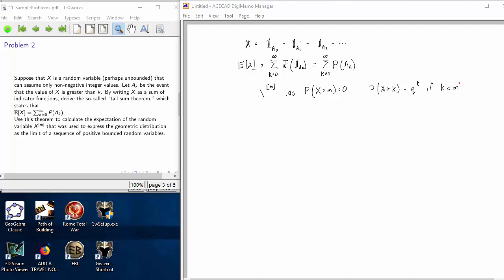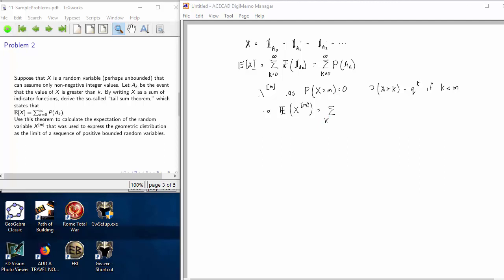We're guaranteed success on the mth try. So, I can calculate the expectation of x super m very easily.